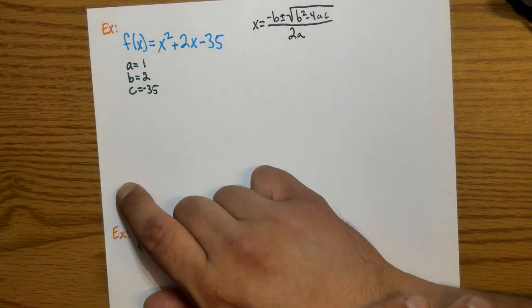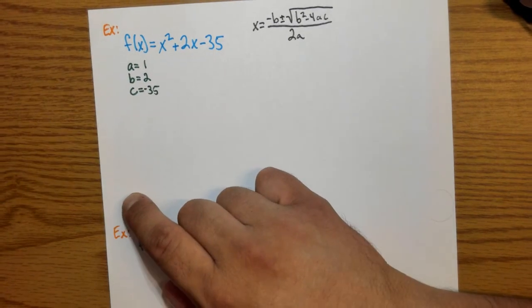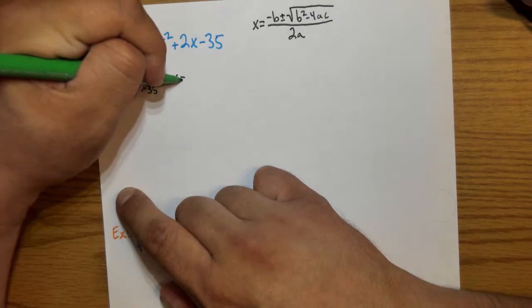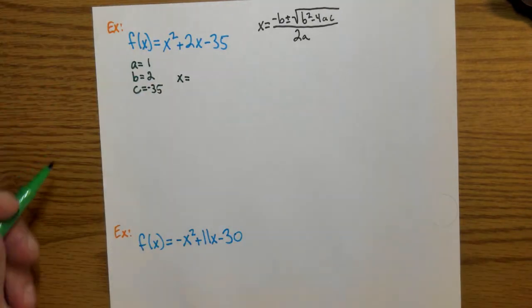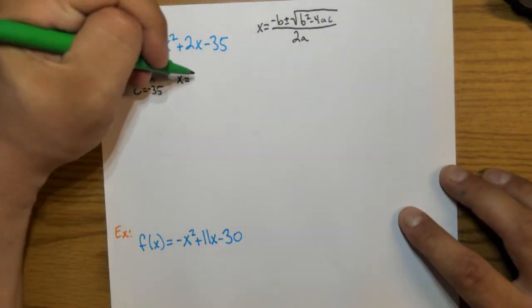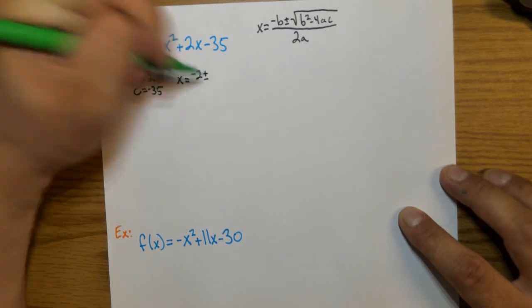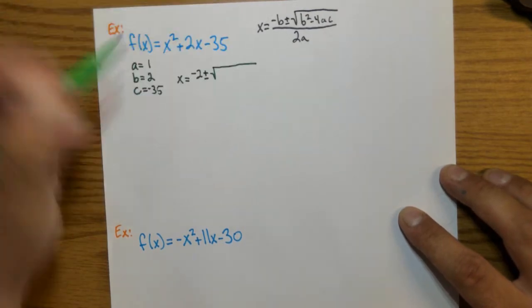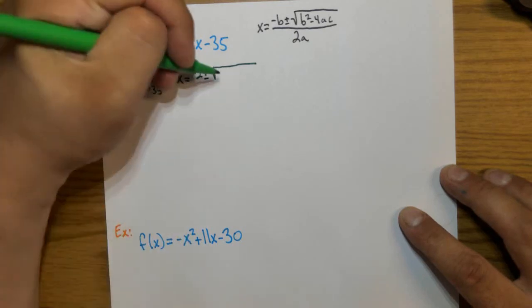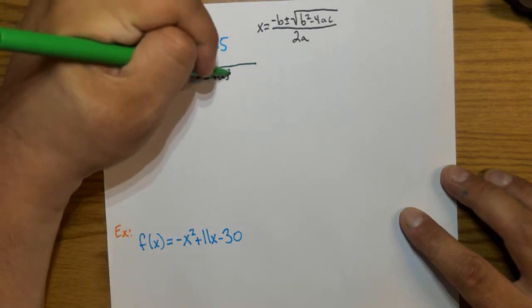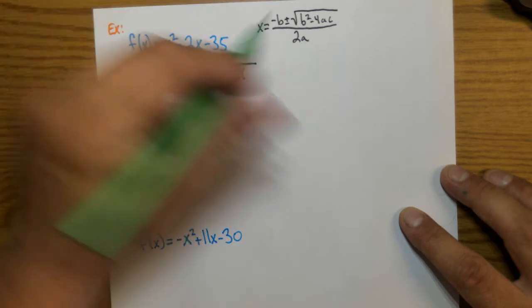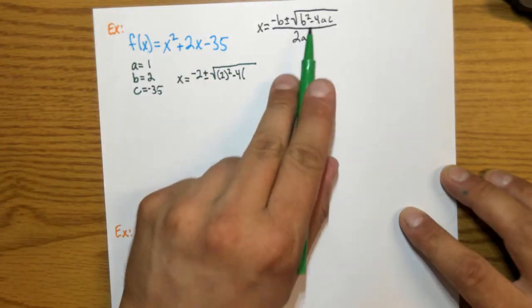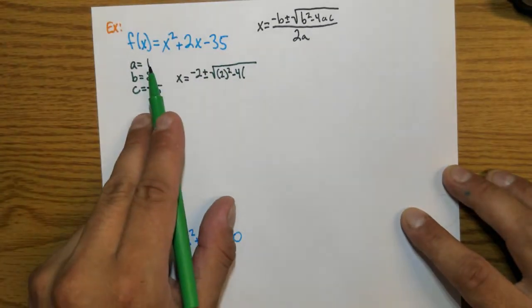Okay. So now let's plug it into the quadratic formula here. x equals negative b, so negative 2, plus or minus the square root of 2 squared minus 4, remember 4 is in the formula, 4ac, so 4 times 1.